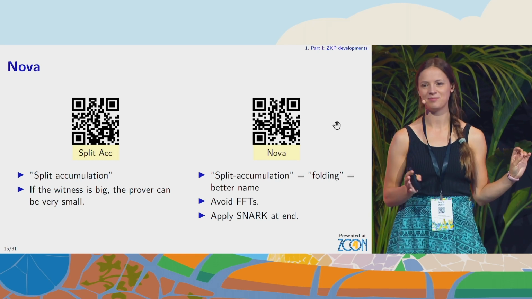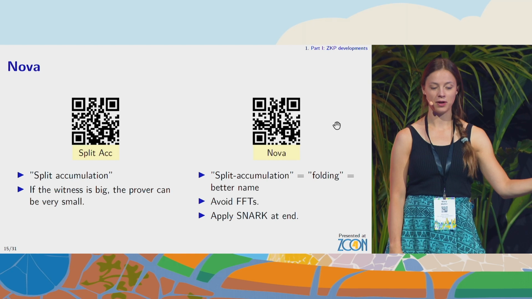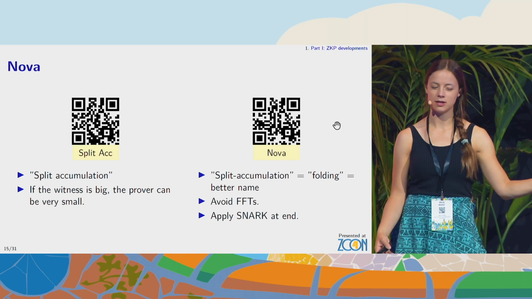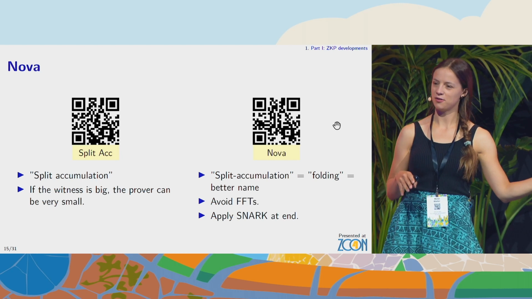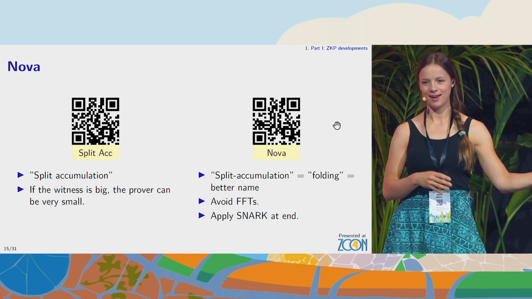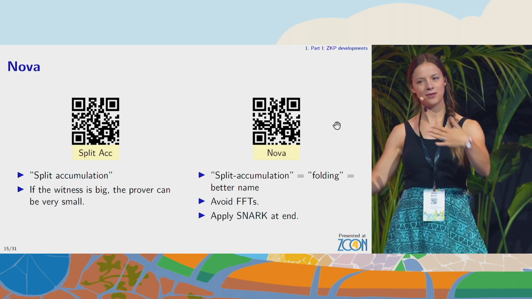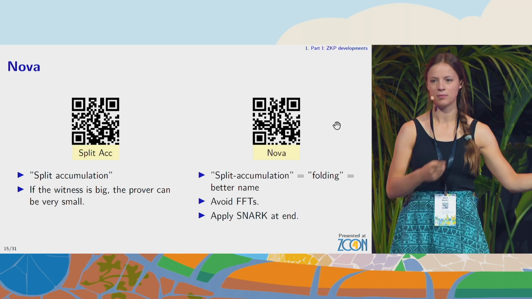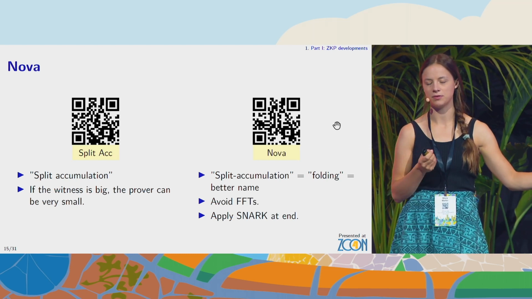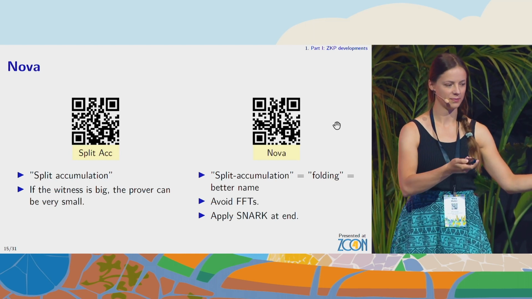I'm not going to say why it's simple, but it is really, really simple. Nova took this word, split accumulation, and instead chose to use the word folding, which I think everyone largely agrees now is a much better name. It's more intuitive about how it's gradually folding two things together until you get something genuinely small. They also noticed that it's very important to be able to apply a SNARK at the end so that you have something small at the end.